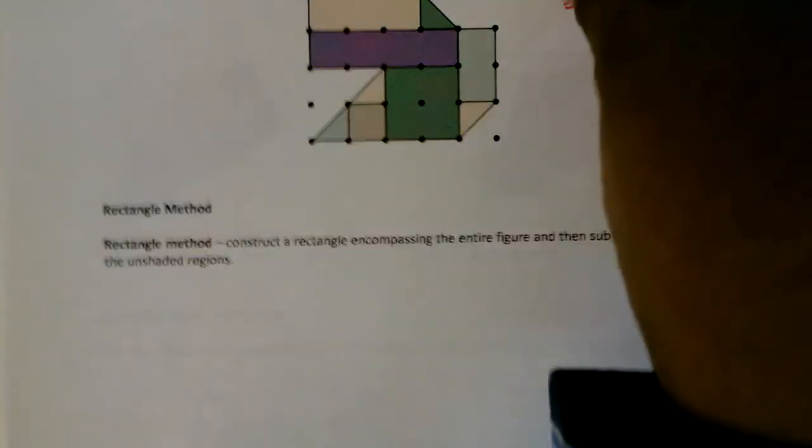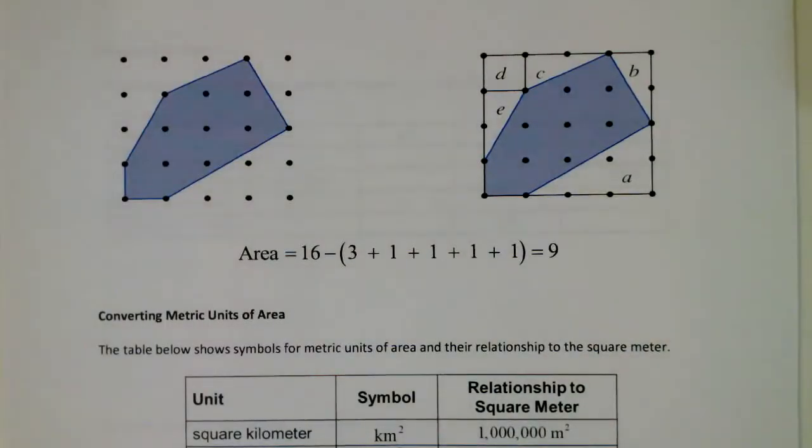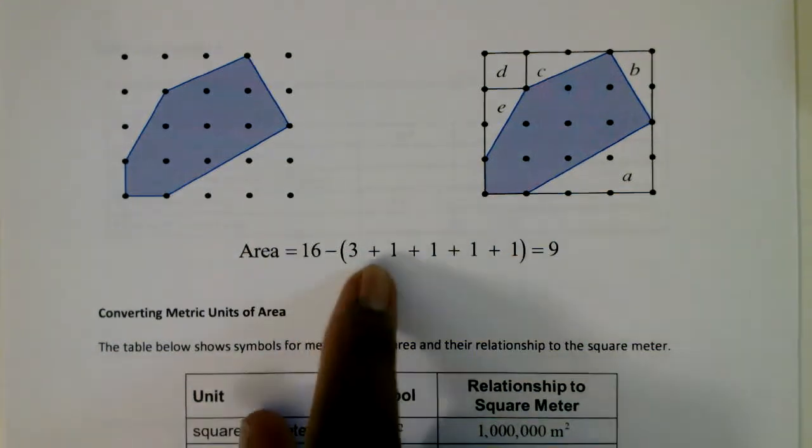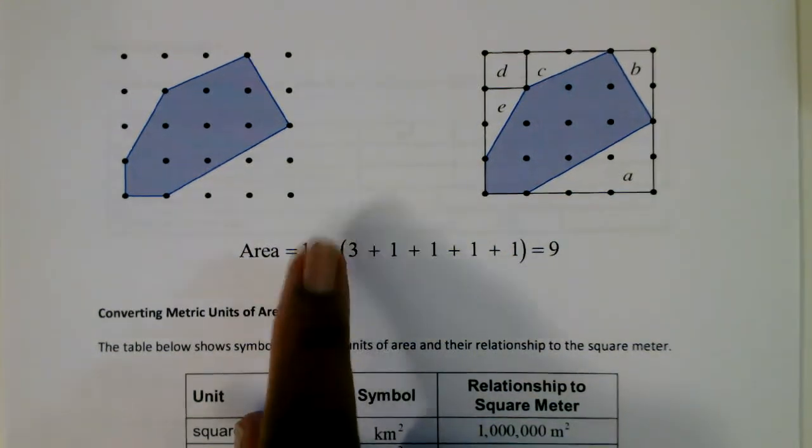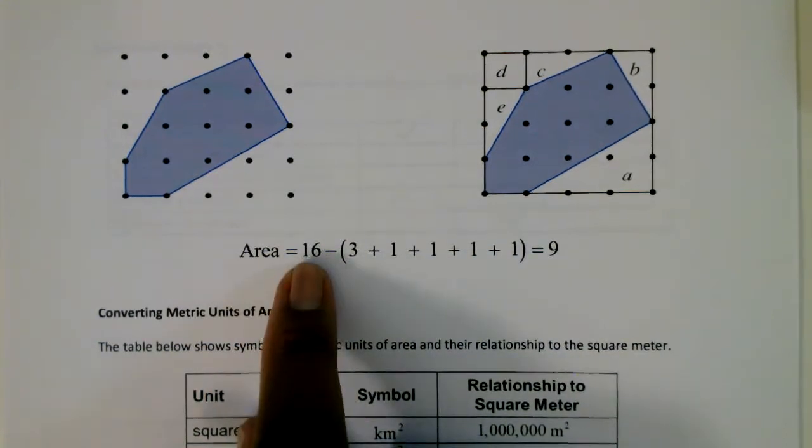So on the next page, you'll see what that looks like. Here we have to construct rectangles that encompass the entire figure and then subtract the areas of those unshaded regions.